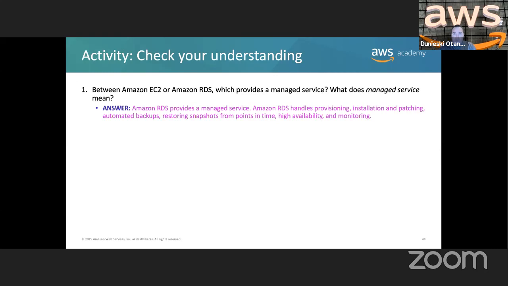With DynamoDB, you don't have to do any of that. DynamoDB is highly available by nature. Monitoring is already there. Restore snapshot, you don't need that. You don't have to automate backups. It's super highly available. That's what makes it fully managed. With RDS, there's some stuff that you need to do, right? That's the difference between them.